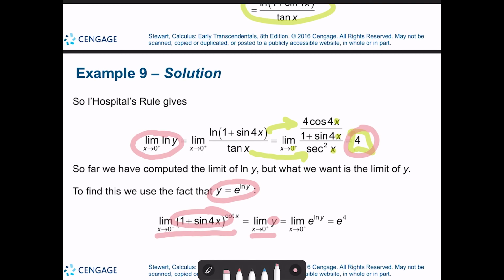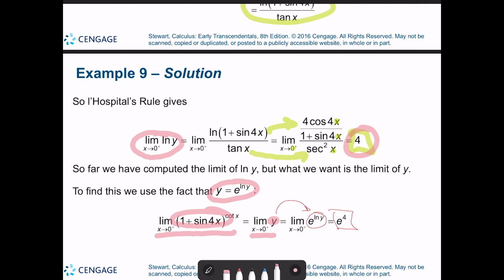So all we're doing there is replacing this with the letter y. And why are we doing that? So that we can take the value of y and rewrite it as e to the natural log of y, which makes it considerably easier for us to find our final answer of e to the 4. Why is it e to the 4? How did this natural log of y here all of a sudden become a 4?